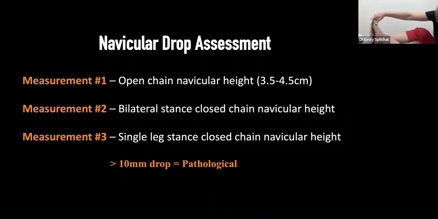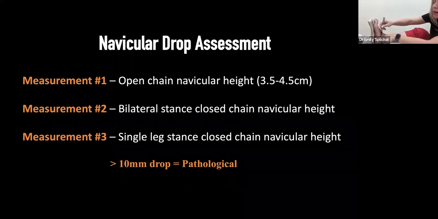So I'm going to be measuring the navicular. Here's my navicular position. I'm essentially measuring my navicular height from here to what is mimicking the floor. The book is mimicking the floor. So that distance is my measurement number 1, right? Okay, so we would have that.